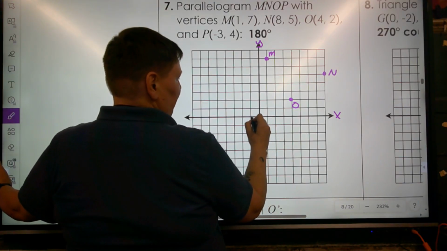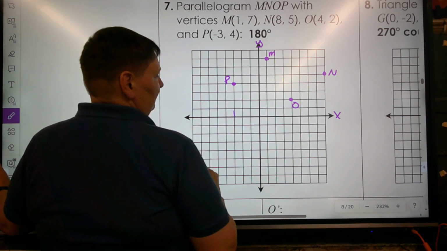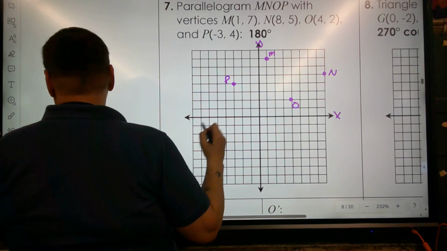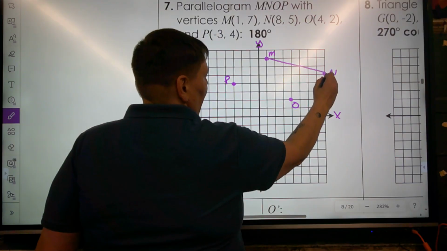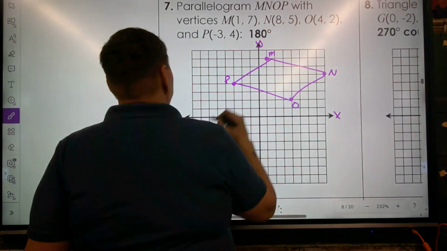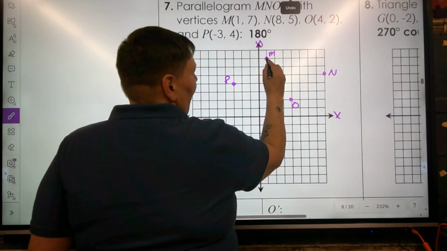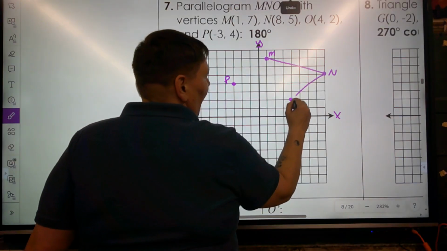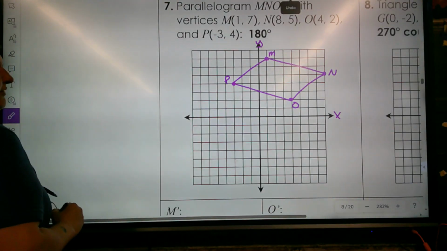So left 3, up 4. Connect and see what you end up with. M, N, O, P. Back to M. Let's try that again. M, N, O, P. Back to M. Better. Parallelogram.